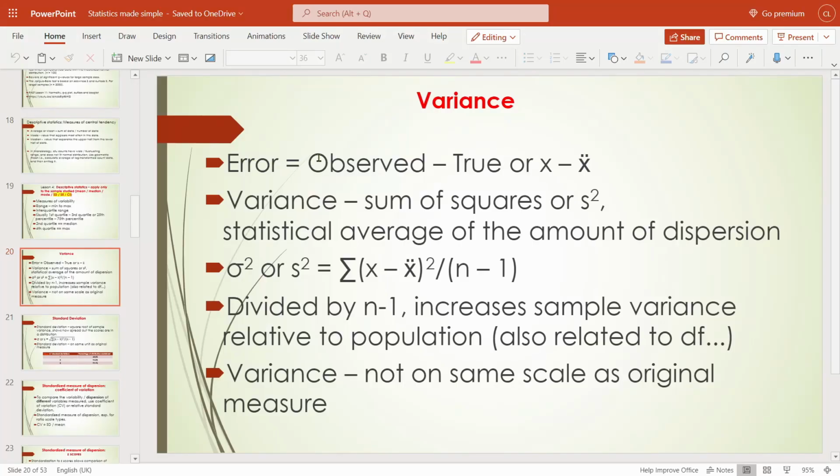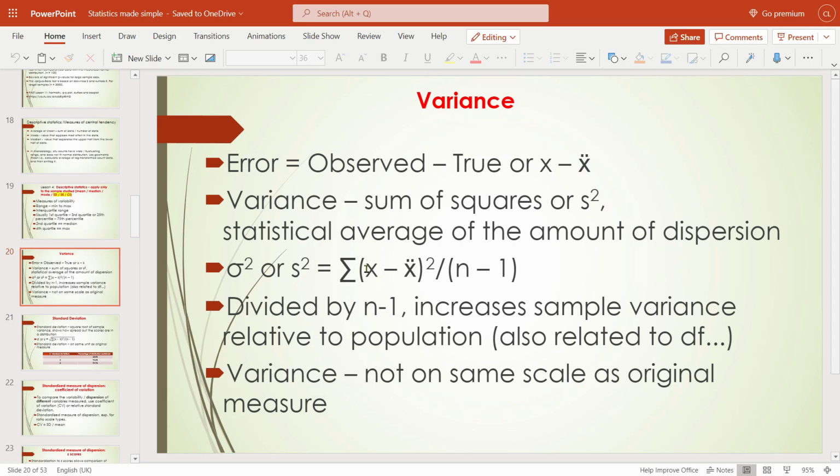The variability or variance in your measurements is due to error, because the measured or observed value is not the true value. In order to describe the average amount of dispersion, variance or sum of squares can be calculated according to this equation.